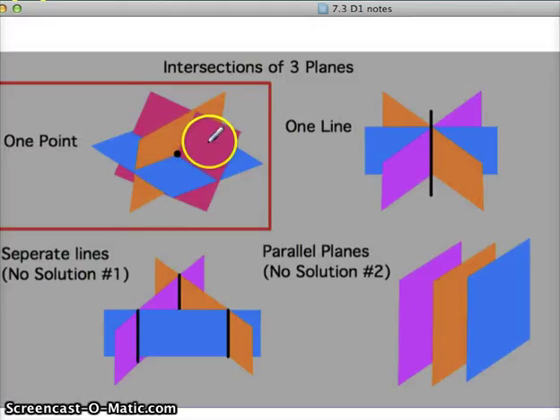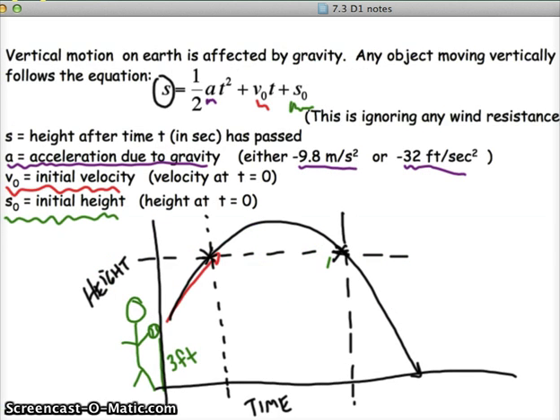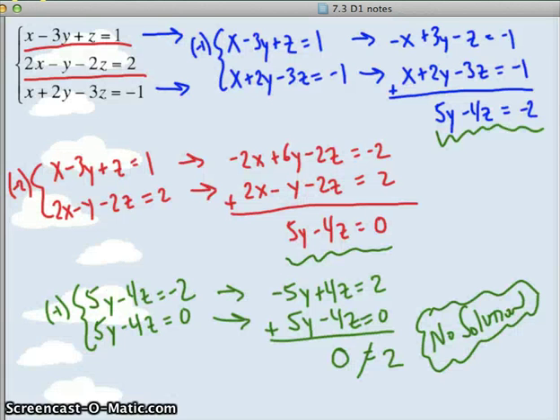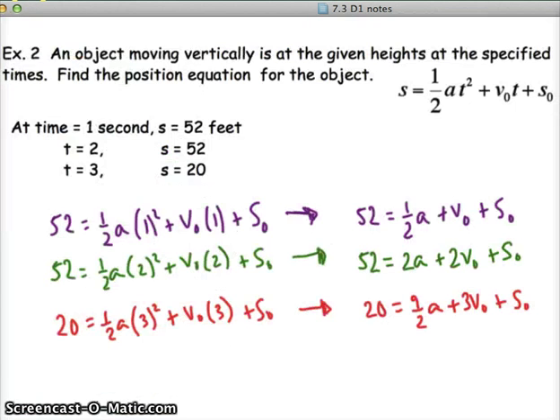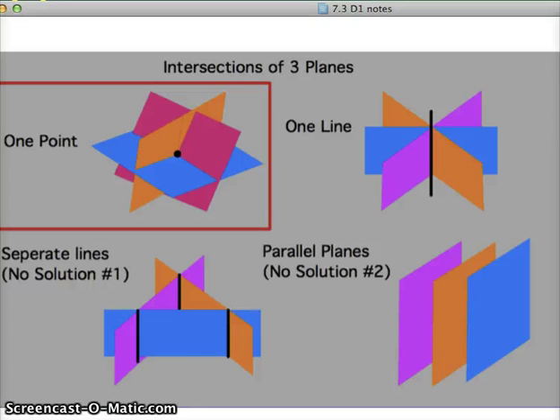So the pink plane, the blue plane, and the orange plane, 3 different planes, they intersect at that point right there. You could have parallel planes, no solution. Well, that's what happened back here. They were parallel planes. We got no solution. So it's just kind of like a little visual, that's all.